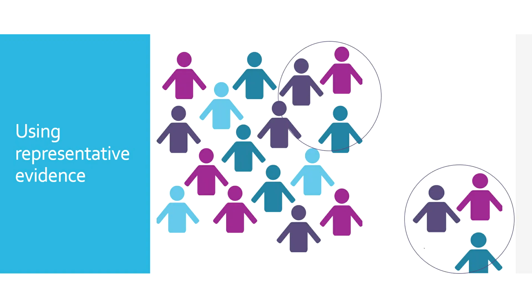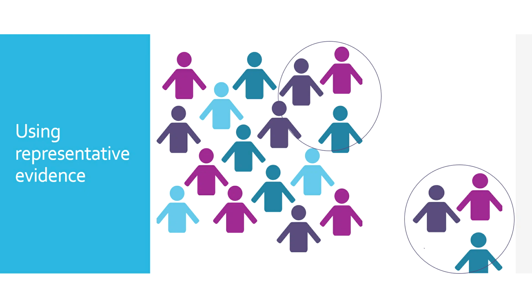Now, using representative evidence means that you're assessing, or the studies you're reading are assessing, the demographic that they're making conclusions for. So, for example, here you can see that there is a combination of demographics, which is shown by the difference in colours in these people.